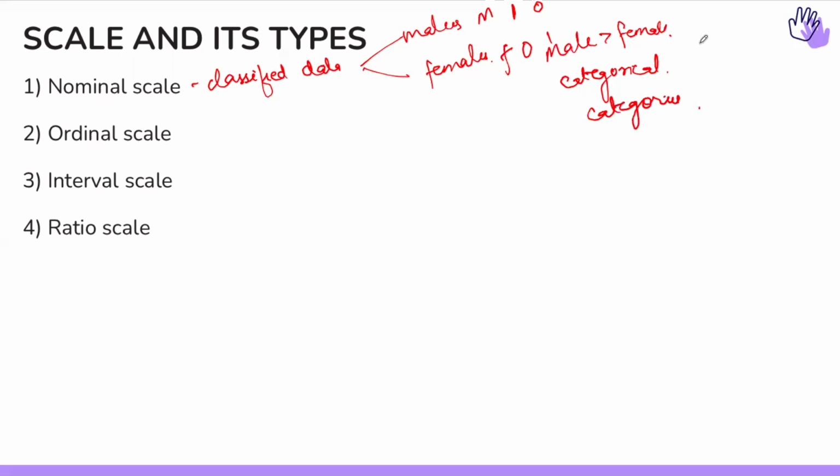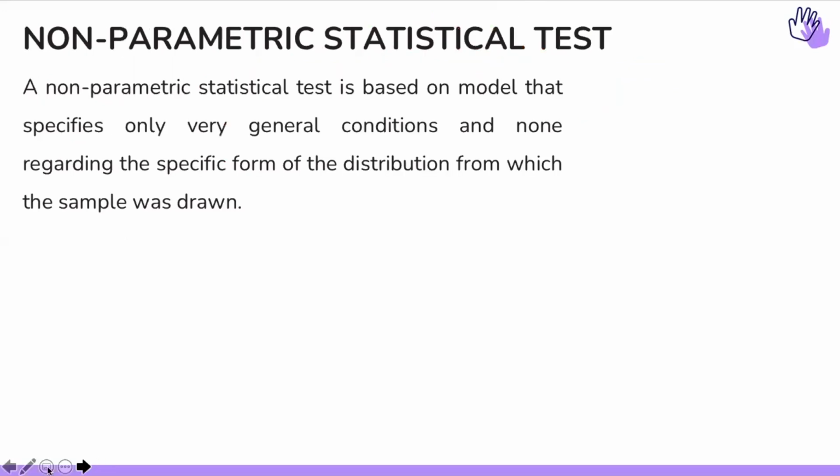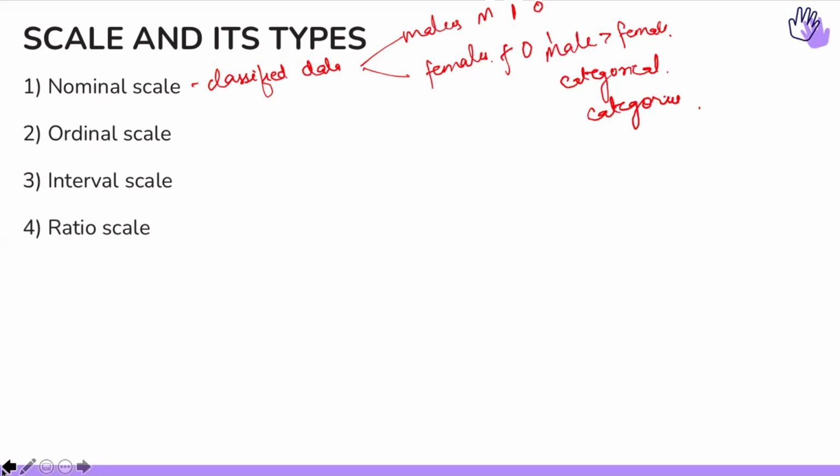Then coming to the ordinal scale. The ordinal scale deals with ordered data. These are in a certain order, but the differences between the values are not important.